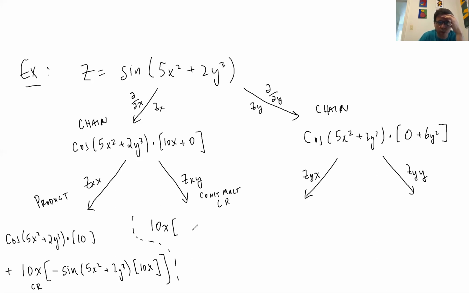Take the derivative of the cosine, which would be minus sine 5x squared plus 2y cubed. And then I multiply by the derivative on the inside, which is going to be 6y squared. So yeah, that constant multiple is out front. I just got a regular cosine derivative with the chain rule derivative on the inside because it's y.